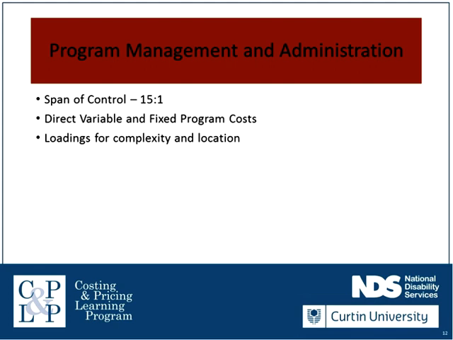Probably the most important aspect of this program management and administration cost group is that of span of control. That is, how many staff can a supervisor oversee such that you maintain quality of service delivery, you have adequate supervision, and you maintain your governance processes around things like clinical governance to make sure that OH&S and clinical risks are maintained or dealt with.